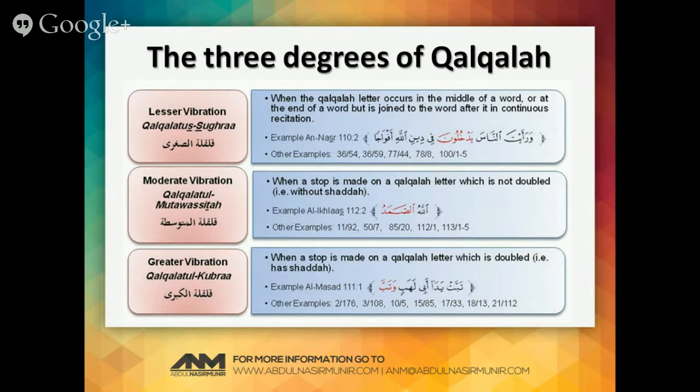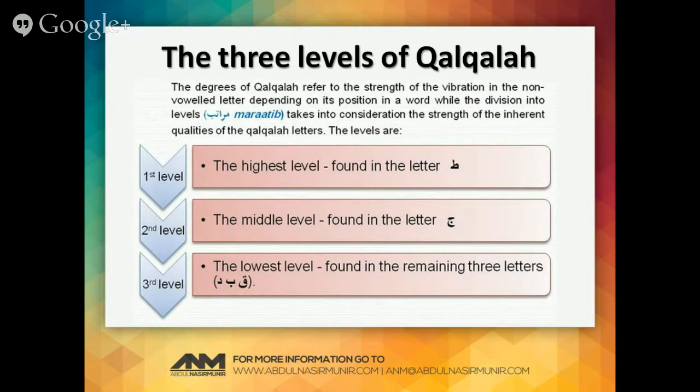There are some examples on each row. Look into the Quran and find these examples. Where can we do qalqala in these ayat? Is it a lesser vibration, a moderate vibration, or a greater vibration? Which category does it come under? Then, for these 5 letters of qalqala, qaf, ta, ba, jim, dal, Qutubu Jaddin, the more you recite and the more you listen to these words, the more you will memorize them.